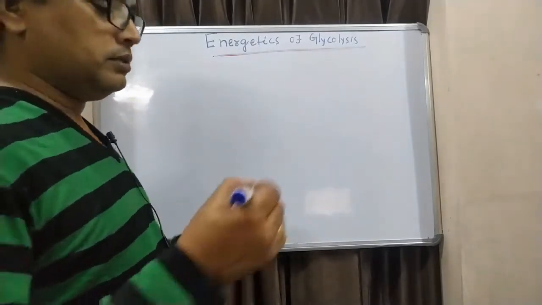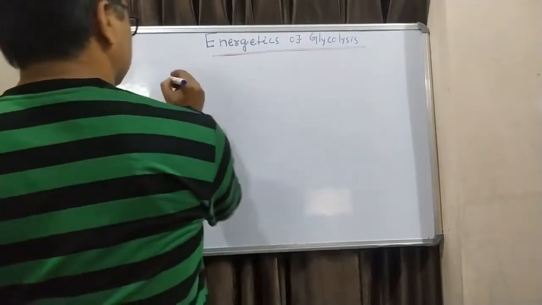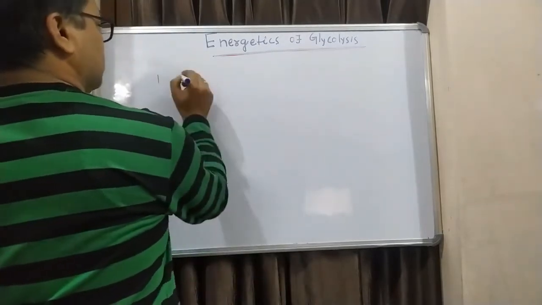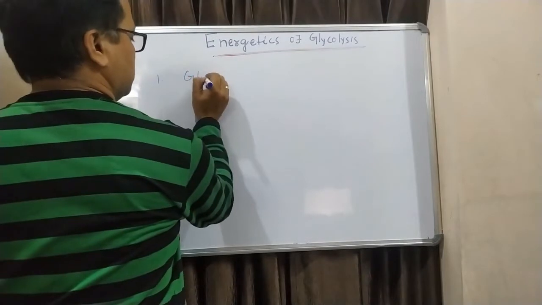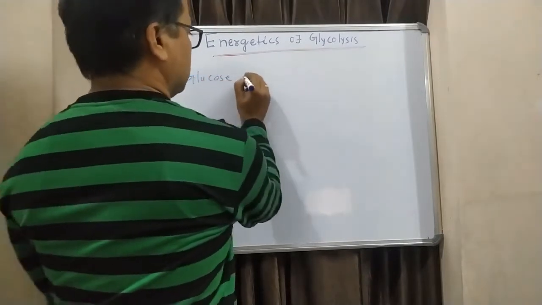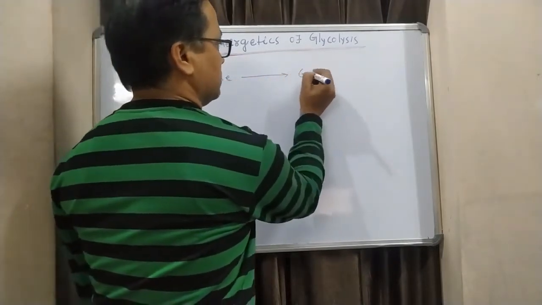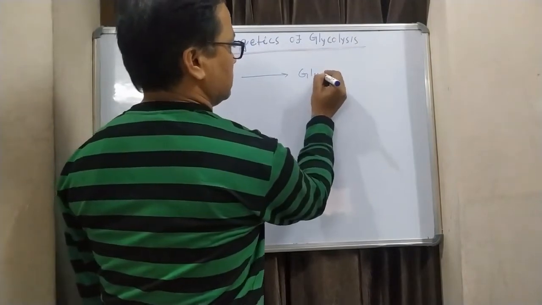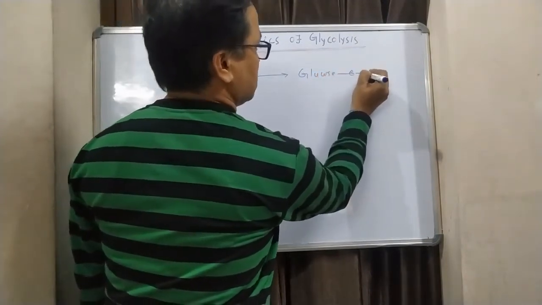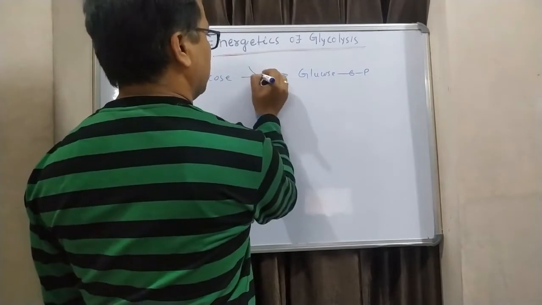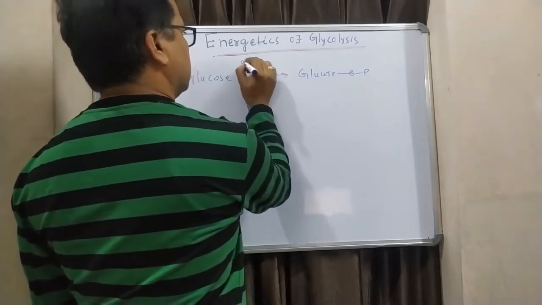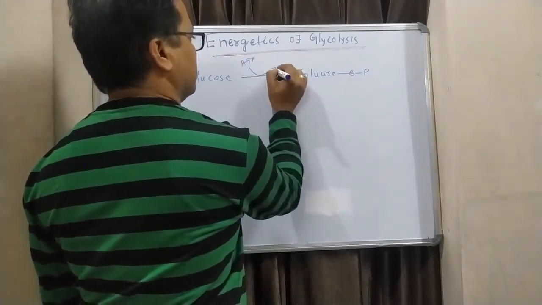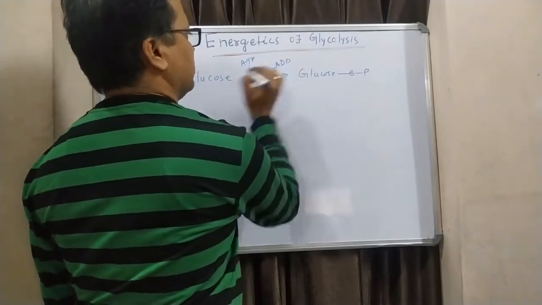The first step where ATP was involved is where glucose is converted to glucose 6-phosphate, and there ATP was used and as a result we got ADP.